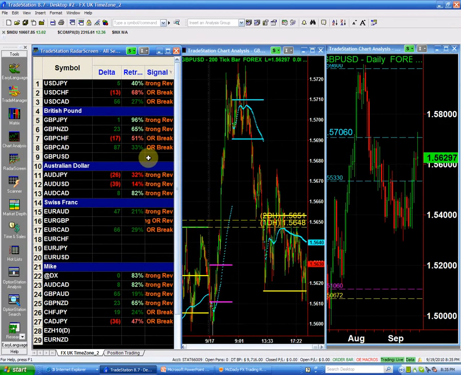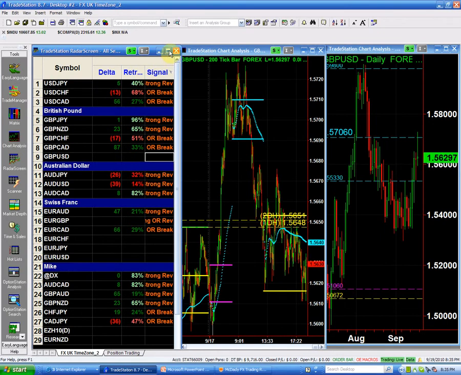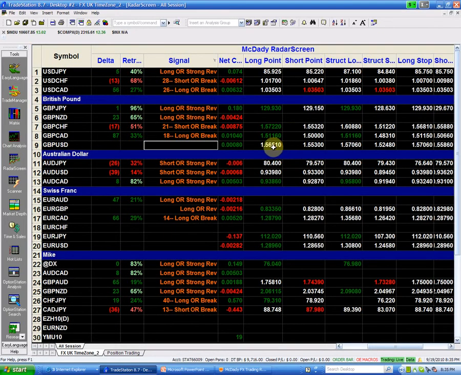Sorry guys, that's my structure long. So I'm going to buy tomorrow if it gets above 156.51. My structure long is 157.06, and if I go long, then I'm going to place my stop.